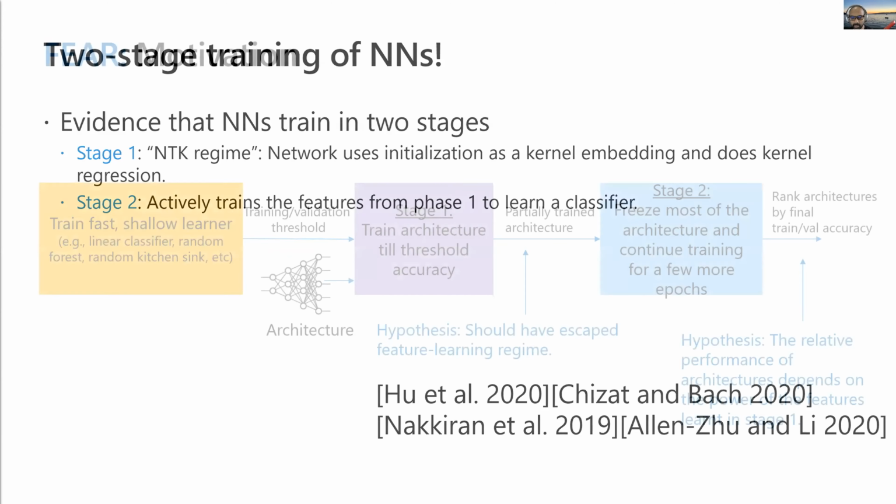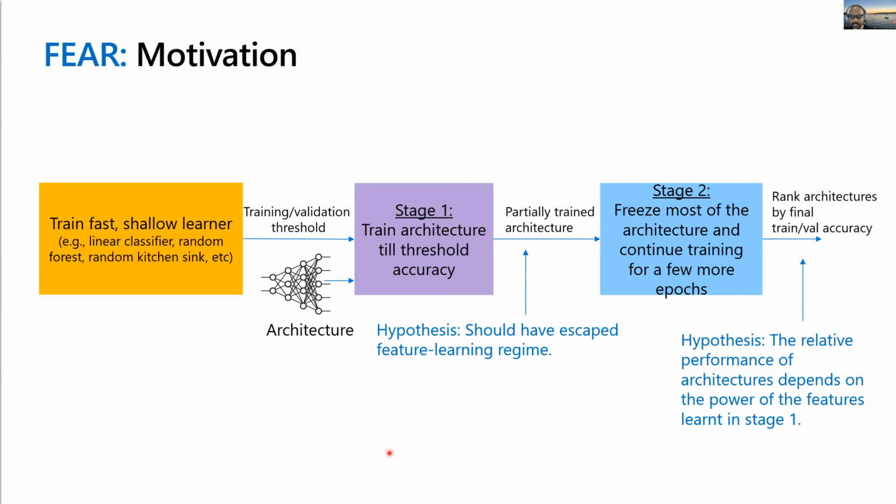If you think about the process that I just mechanistically outlined, what we hope will happen is that if you train a network until the threshold accuracy that was achieved by a shallow learner or some powerful kernel method, you should have escaped the feature learning first stage regime.